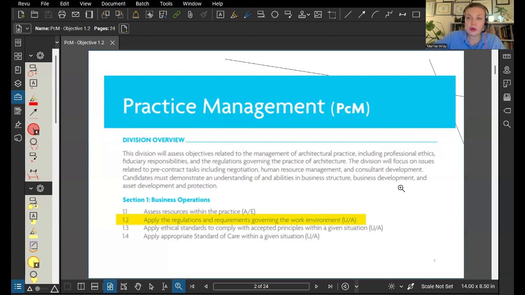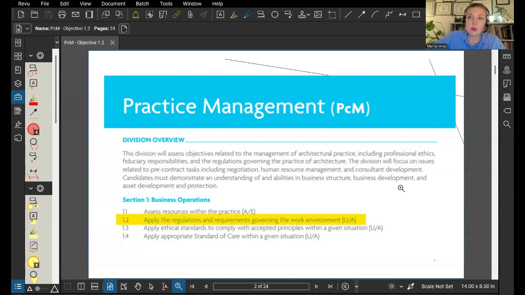The division will focus on issues related to pre-contract tasks, including negotiation, human resource management, and consultant development. Candidates must demonstrate an understanding of and abilities in building business structure, business development, and asset development and protection.